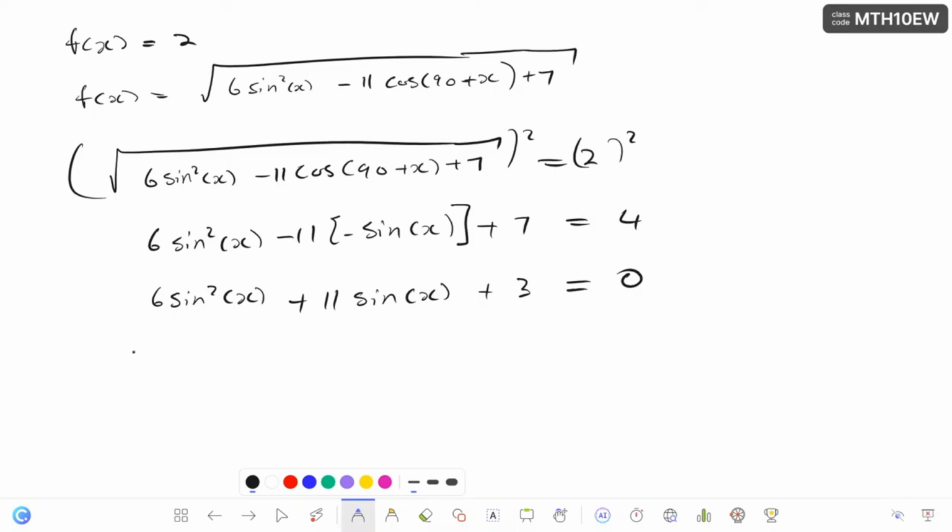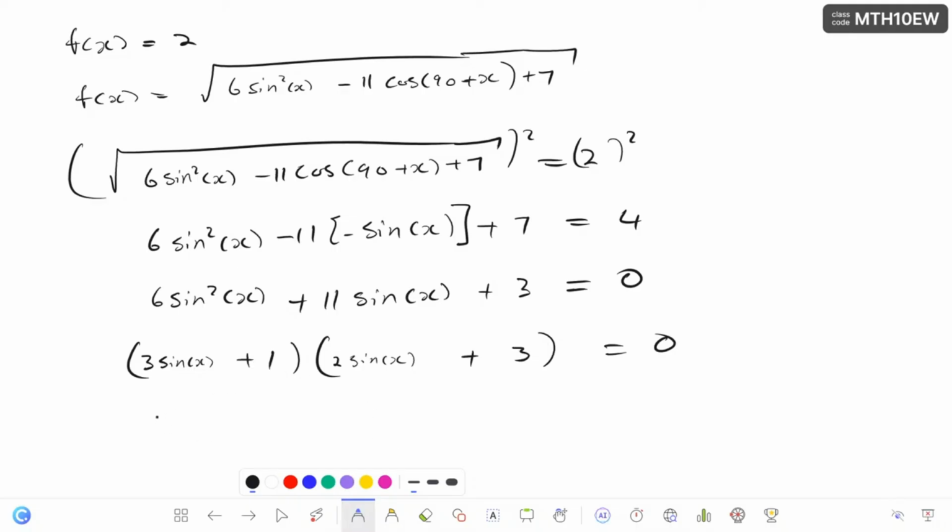Yes. So here we need to simplify this, because this is in the form of a quadratic. So here is going to be 3, 2, sine x, sine x. So positive, positive. So here we need to put 3 and we need to put 1.